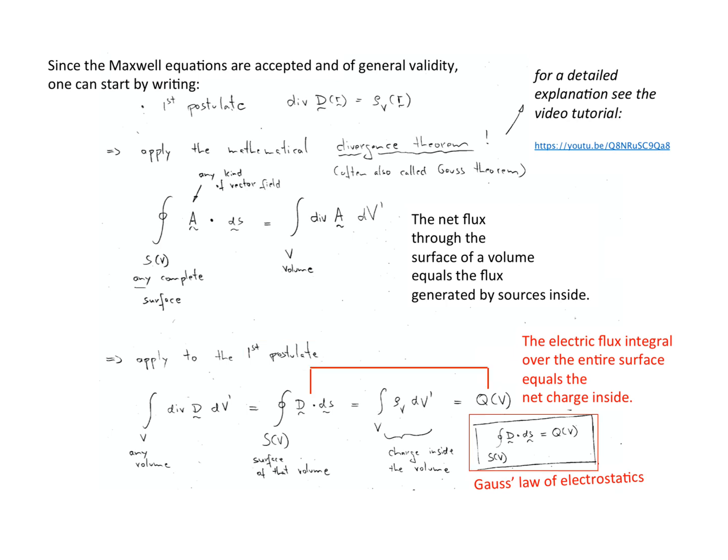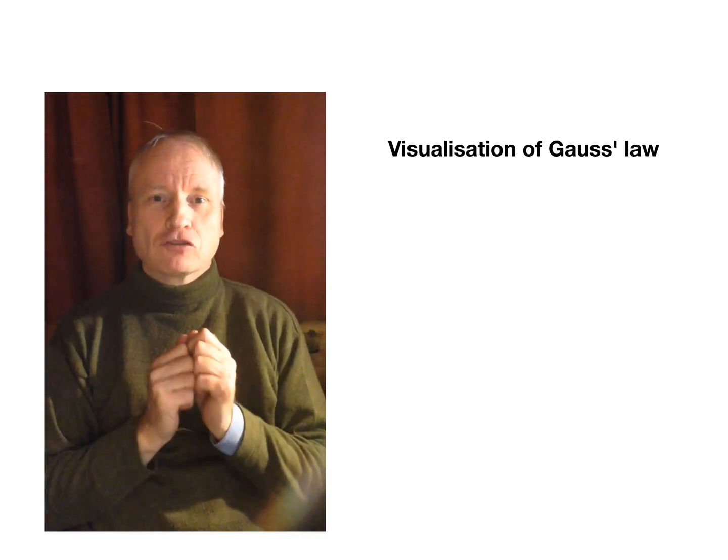The equation indicated by the red bracket, which relates the flux penetration through a closed surface to the total net charge inside that surface, is known in electrostatics as Gauss's law. In brief, it states that the electric flux integral over the entire surface of a closed volume equals the net electric charge inside. Let's visualize Gauss's law.